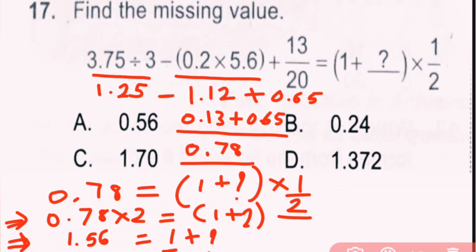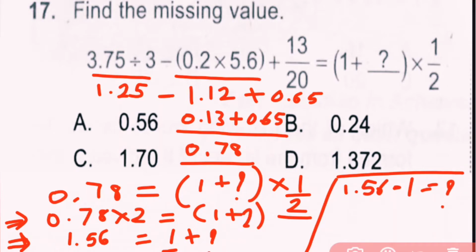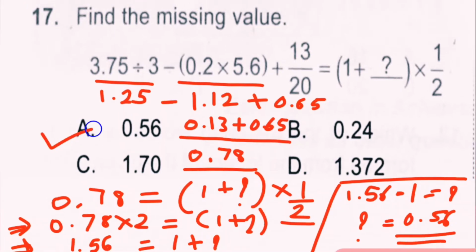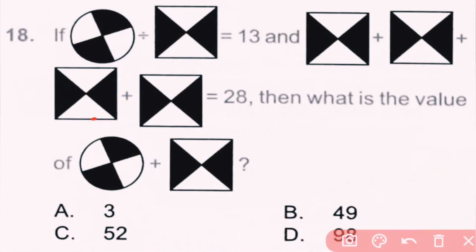Now here 1 has a plus sign, so this sign will become minus. So 1.56 minus 1 is equal to question mark, and 1.56 minus 1 is equal to 0.56. A is the correct answer.